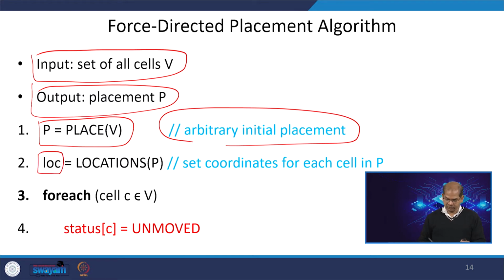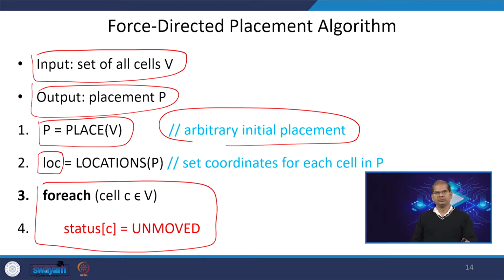Initially, we assume that all the cells are not fixed. This is done using this for loop, which runs one time based on the number of nodes in the set V, and all the nodes are unmoved. Unmoved means not fixed.